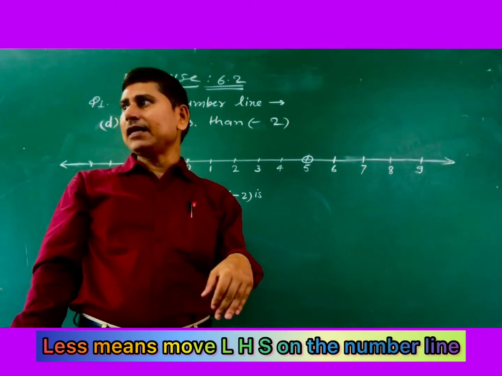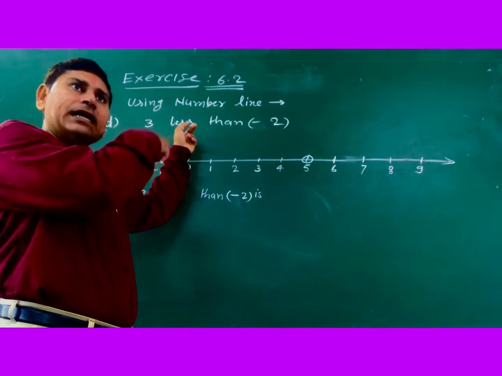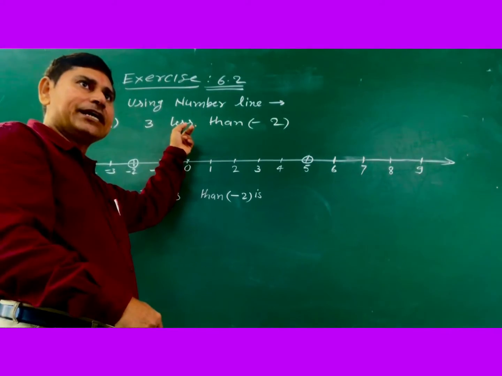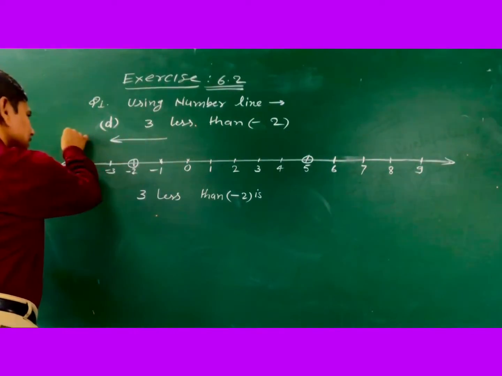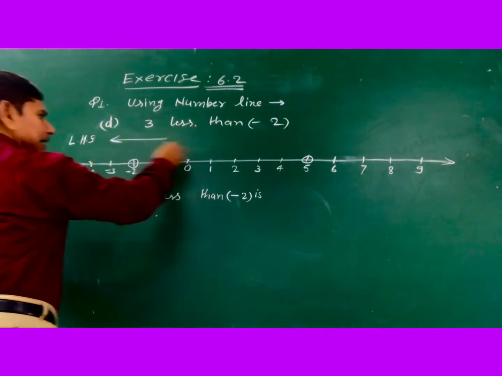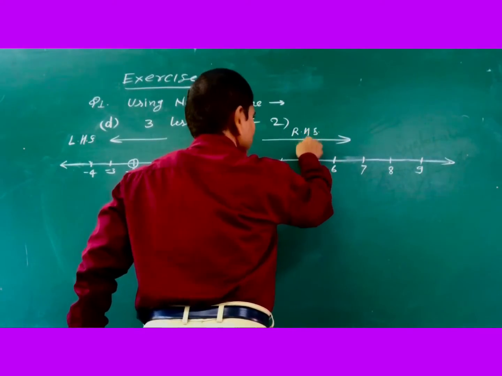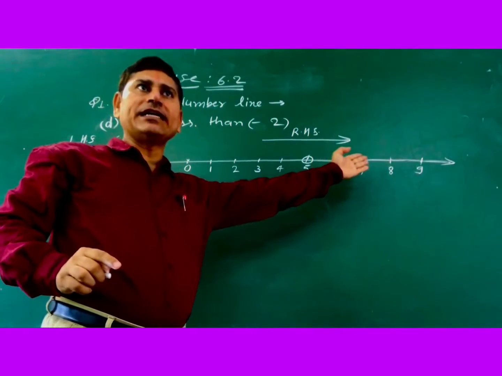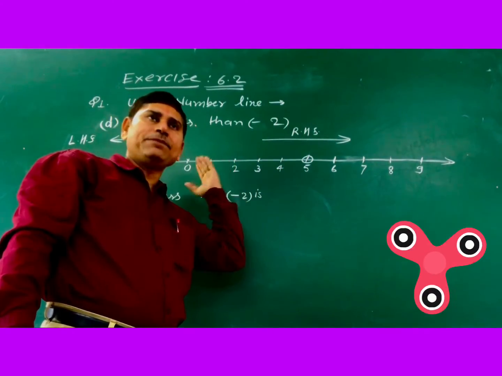So here it is less. Less means you will go to the left side on the number line, this is the left hand side, and this one is the right hand side. So for more you will move to the right hand side, and for less you will move to the left hand side.